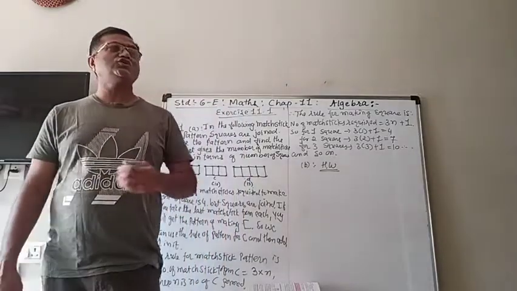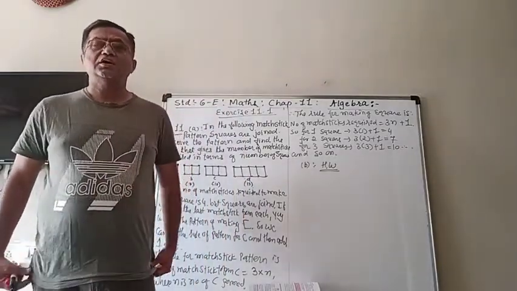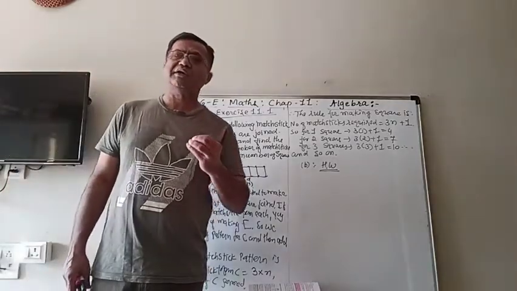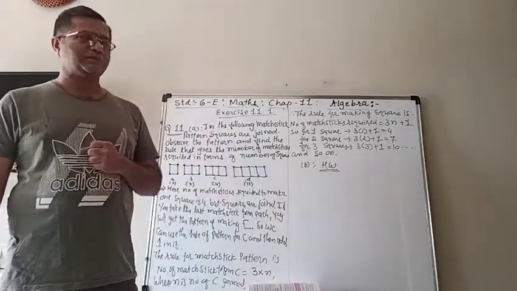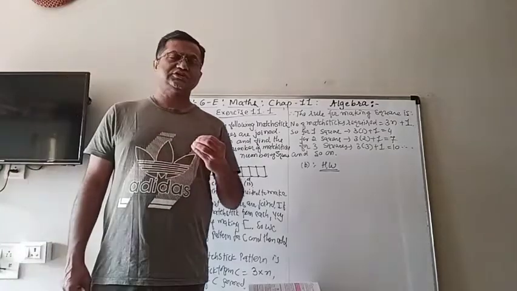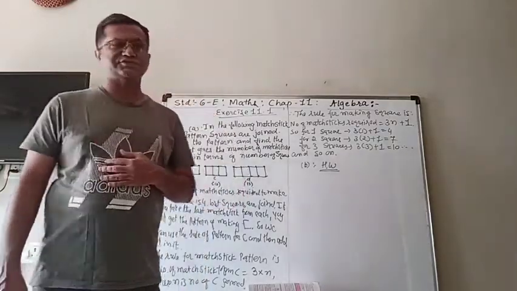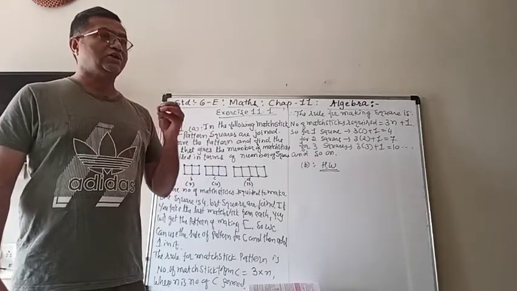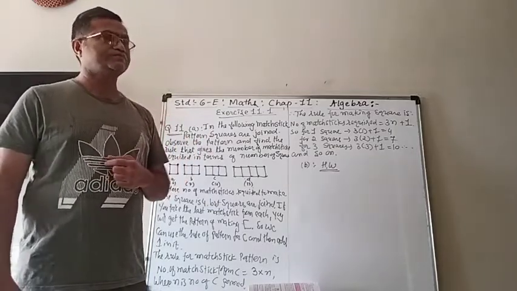Also we introduced the use of variable. We know that variable is a number which can take different values. Means its value can vary, it is not a fixed value.